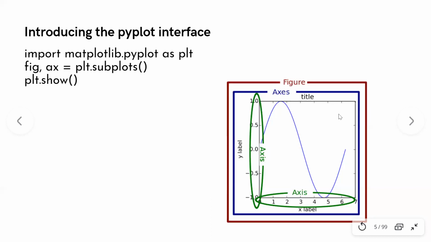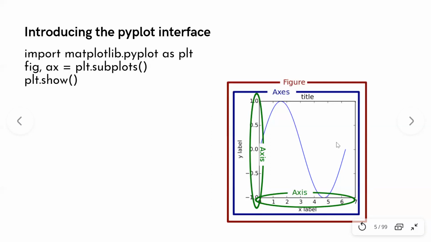Before I showcase the interface, you need to understand what we are talking about. Suppose this is what a subplot is all about. The y axis and the x axis, these two are the axes. The y axis is the dependent variable. The x axis is known to be the independent variable.